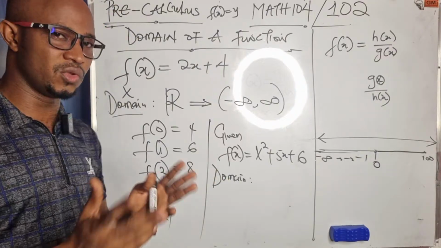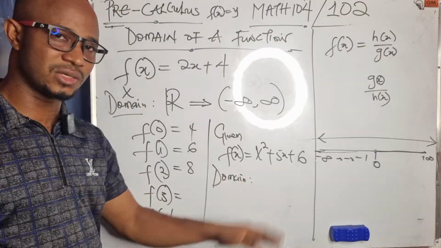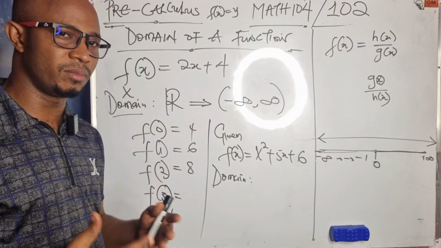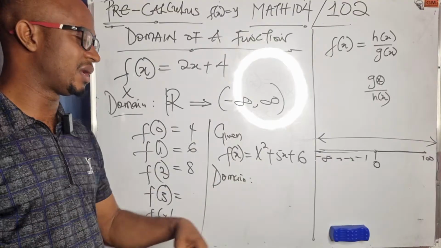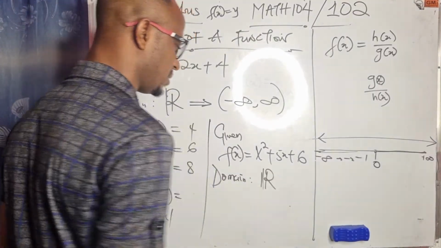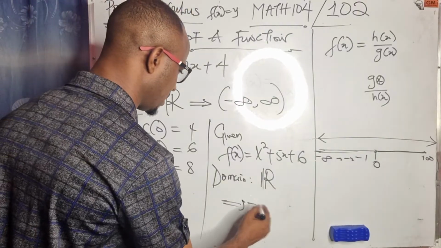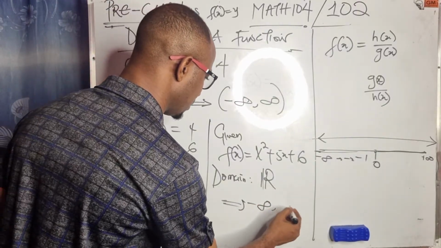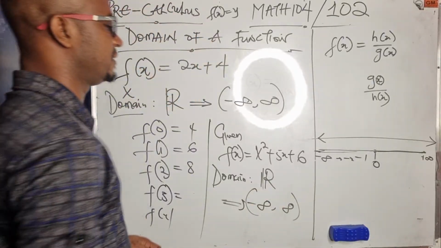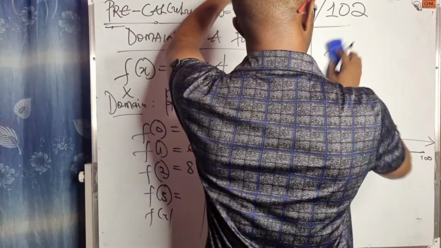Once you see a polynomial function, this is a quadratic equation, which is also a good example of a polynomial function, and you have to find the domain, the answer includes all real numbers, which is minus infinity to positive infinity.